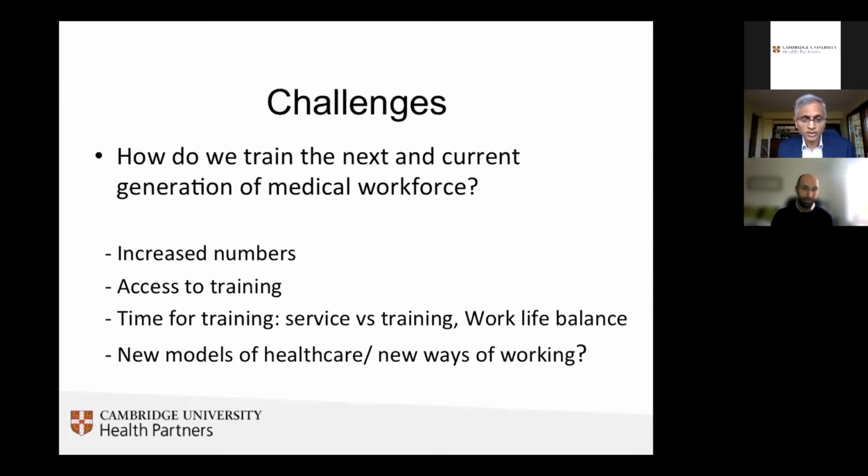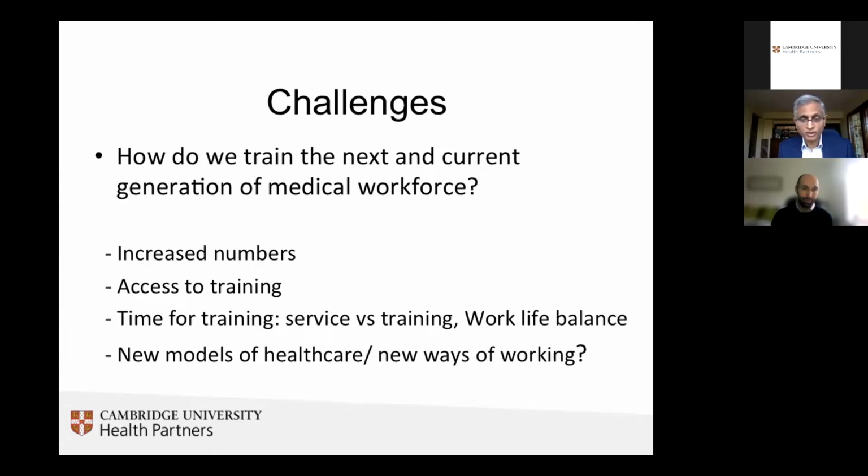As we all know, once the pressures on service become excessive, one of the casualties is the training of our staff. We need to make sure that the balance of service versus training is maintained, so that in future years we have the staff who are able to deliver clinical practice.